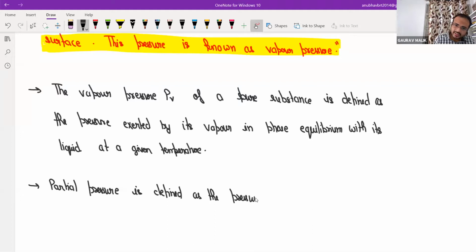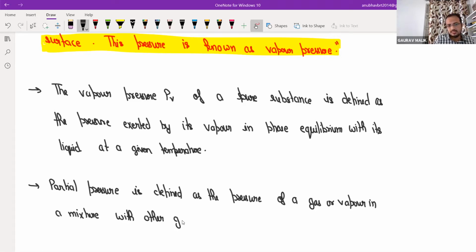Partial pressure is defined as the pressure of a gas or vapor in a mixture with other gases. But here, it is the pressure exerted by its vapor only. That is the basic difference between this one and this one.